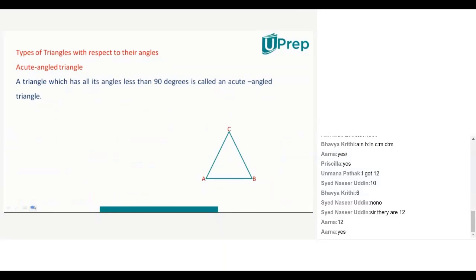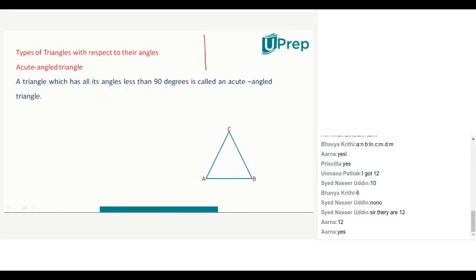Now what's the second one? The second is acute. What is an acute angle that we discussed in our lines and angles session, guys? Sir, an acute angle means it is more than 0 degrees and less than 90 degrees.